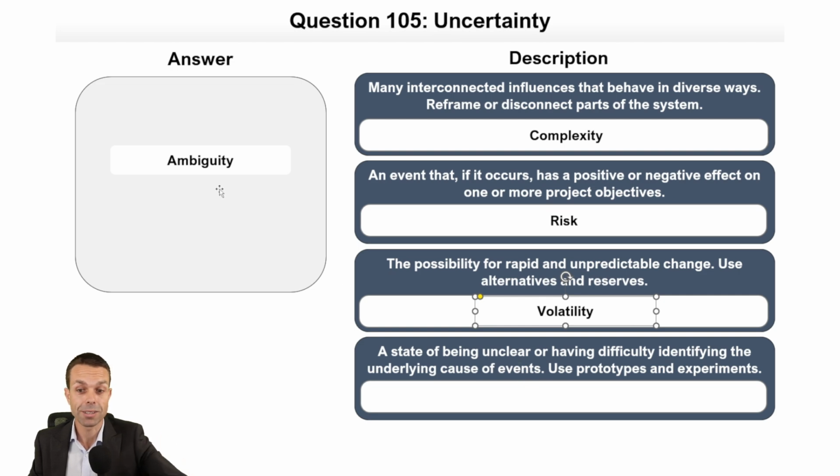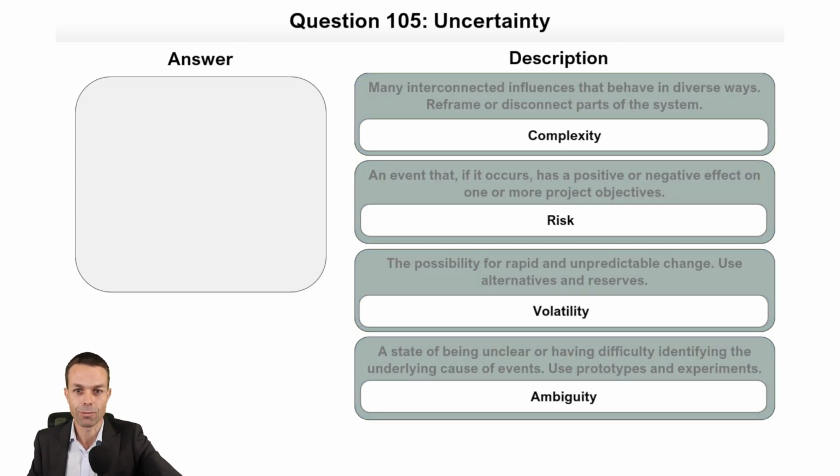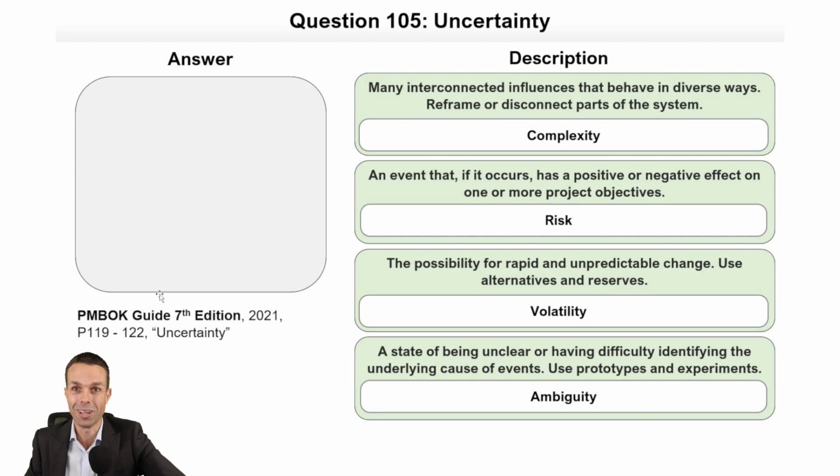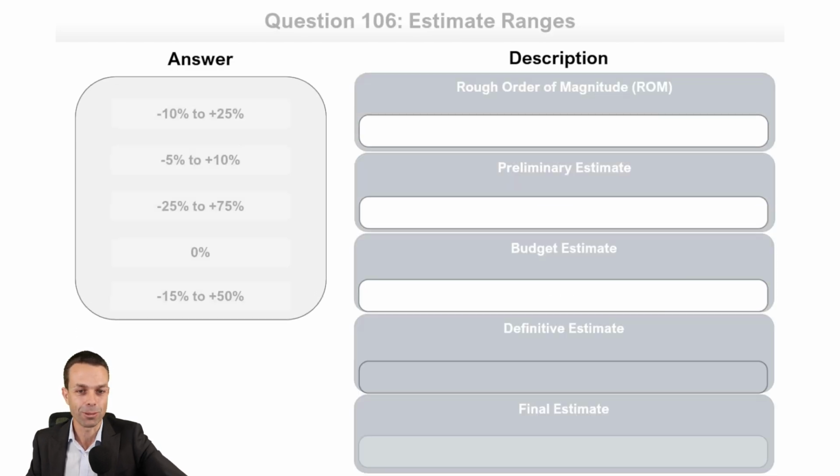Use prototypes and experiments to get rid of ambiguity. Exactly right. There we go. I feel like that was just a short masterclass in dealing with VUCA, which is really cool. So page 119 to 122, uncertainty in the PMBOK Guide 7th edition, if you want to check that out for yourself. I thought that was quite good.